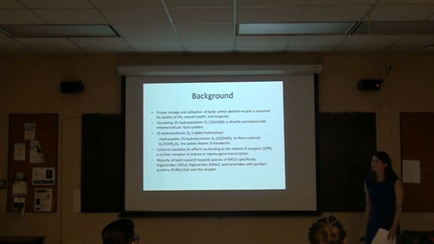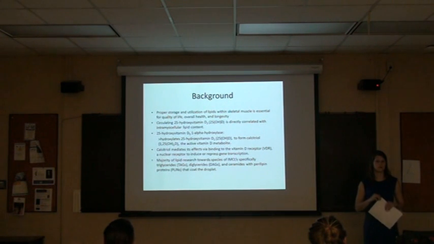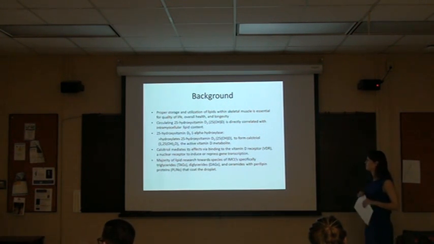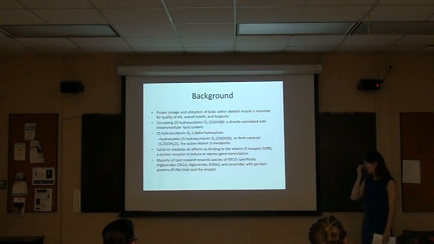Calcitriol mediates its effects by binding to its vitamin D receptor, or VDR. VDR is probably one of the biggest key players. It's essential. You have to have it to have absorption and other downstream effects. It is a nuclear receptor that induces or represses gene transcription.